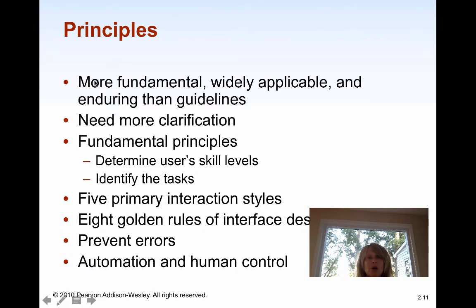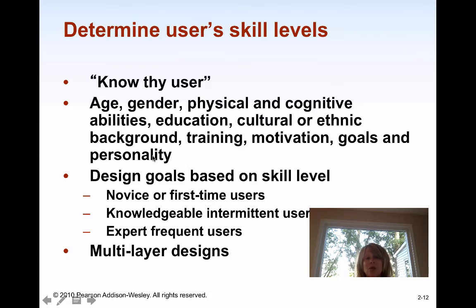So what are some of the principles? One of the things that we have to consider when we're looking at principles is user skills. What are the age, the gender, cognitive abilities, training? So for example, if you're designing an app for people between the ages of 10 and 14, these people are digital natives. They're able to use their phone to the maximum ability.